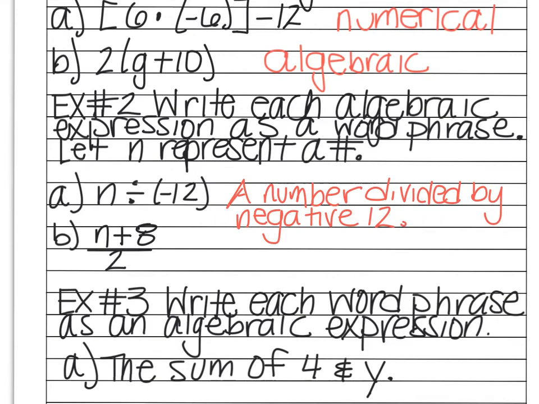You could have said a number divided by the opposite of 12. So there's a couple ways you can write these. For B, it says n plus 8 divided by 2. So we have the sum, because we're adding, of a number and 8 divided by 2.